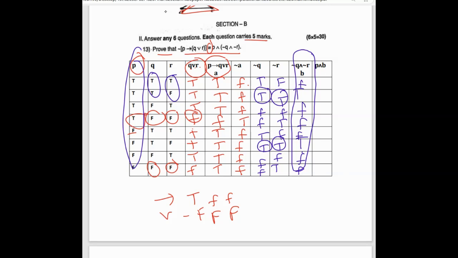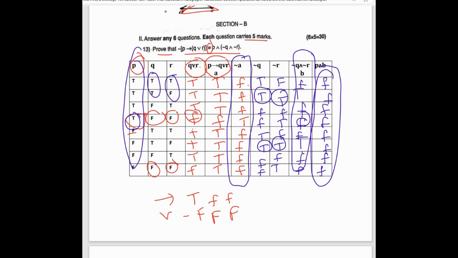We have to check it for this line, that is a negation, this line, and we have to check for this. It is F F F, then it is T, that is the fourth one is T, and here it is F. So it is again F F F F, and again it is F. So we can see they are not logically equivalent.